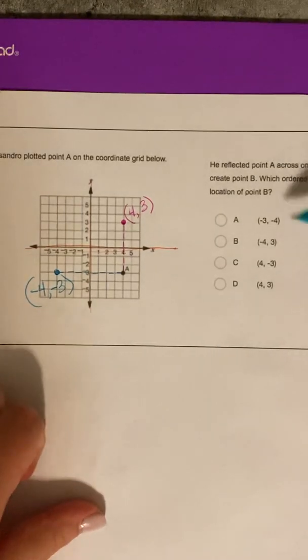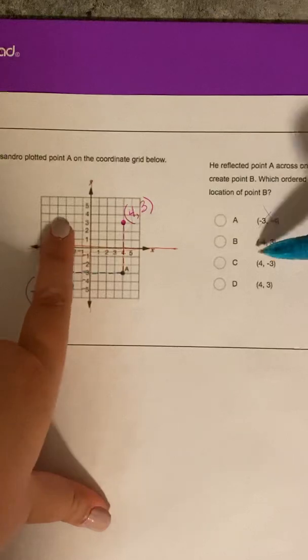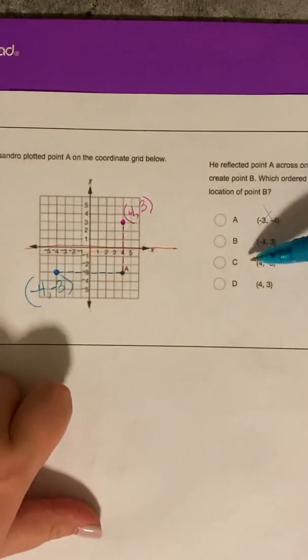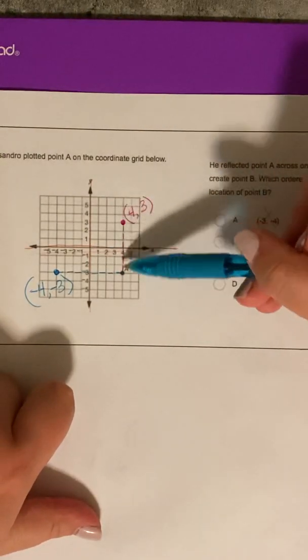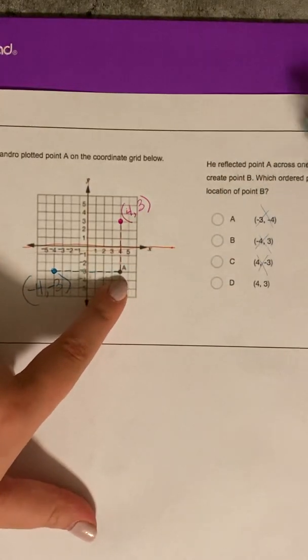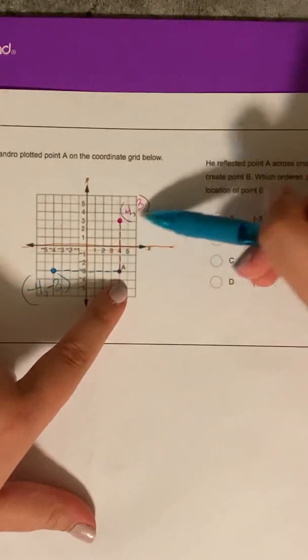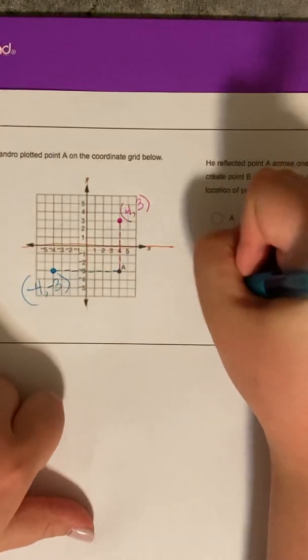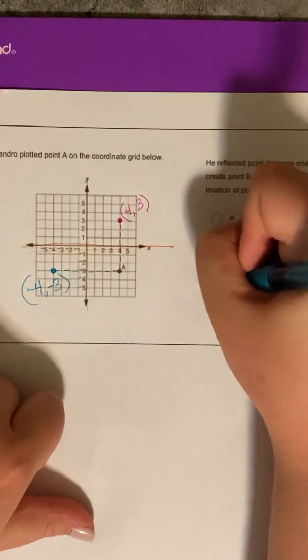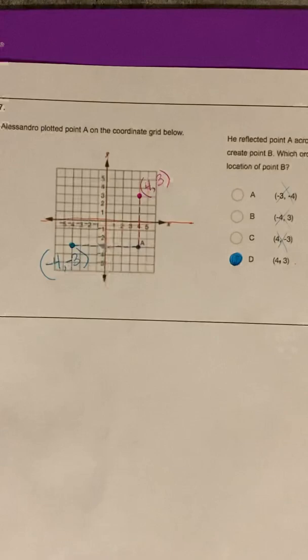That's not it. (-4, +3)? No, not up there. (+4, -3)? Well, no, that's where it already is. So let's hope it's D. (+4, +3). Woohoo! So our answer is D. It just said what is a possible one. The other one was not listed, so that's okay. So your answer there is D.